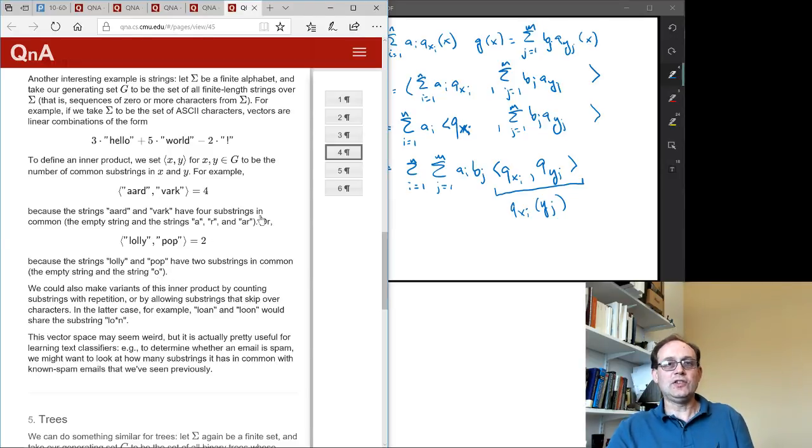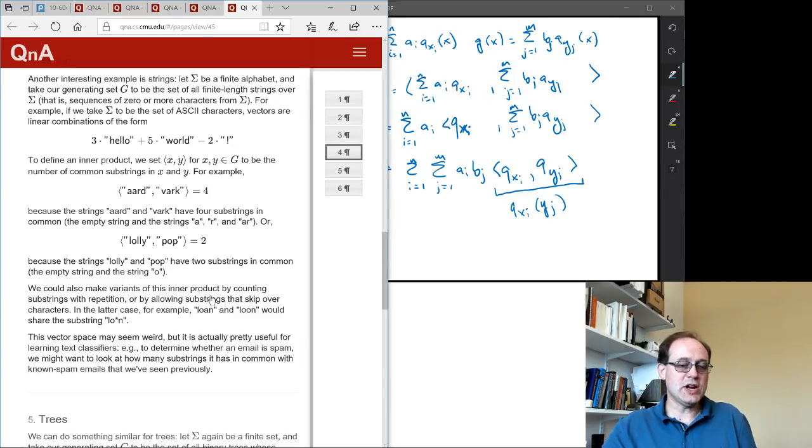This seems like a bit of an odd vector space, but it turns out to be a pretty useful one because we can use it for learning text classifiers. If you want to determine whether an email is spam, it would make sense to look at how many substrings it has in common with known spam emails versus known non-spam emails.